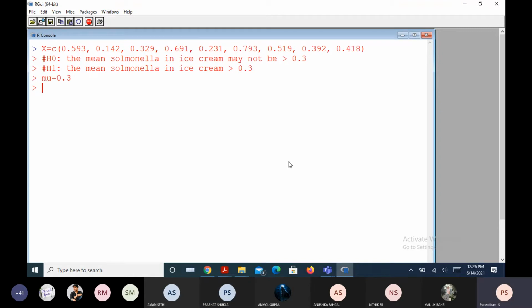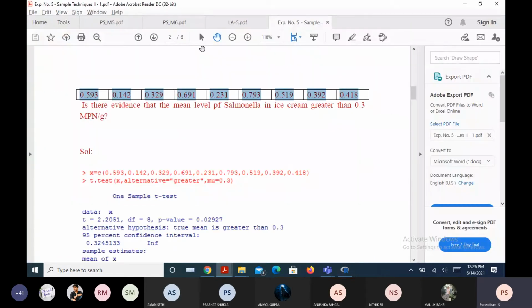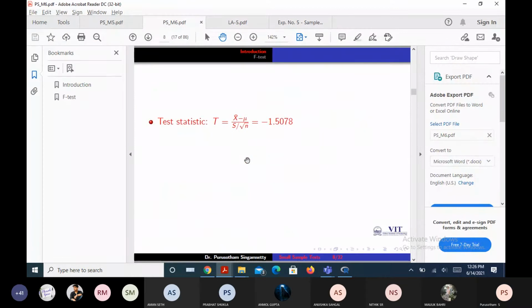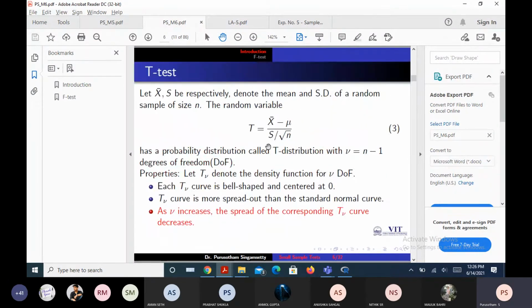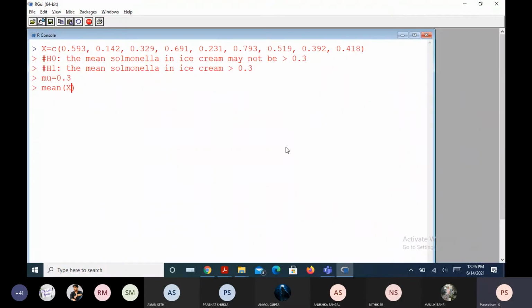Now we need the mean of capital X, because the test statistic T involves x bar minus mu divided by s by root n. The mean of x we want, that is x bar. What is the standard deviation of this x?